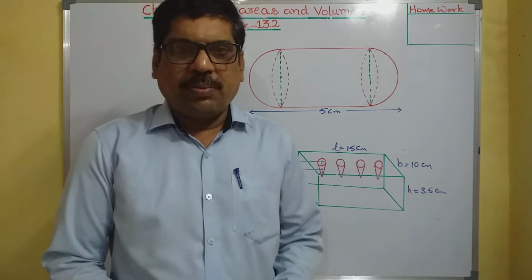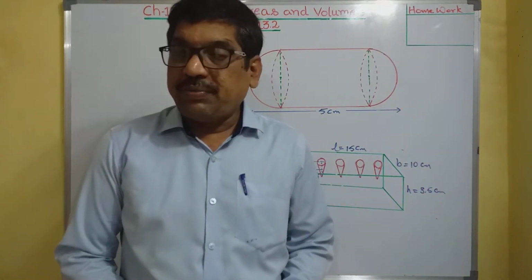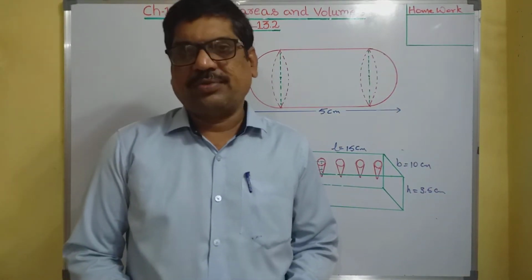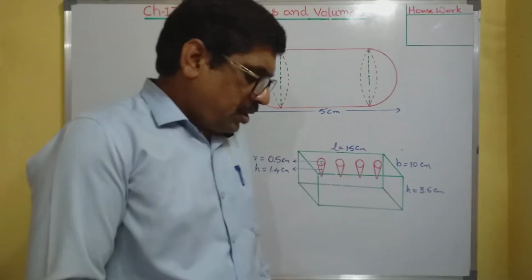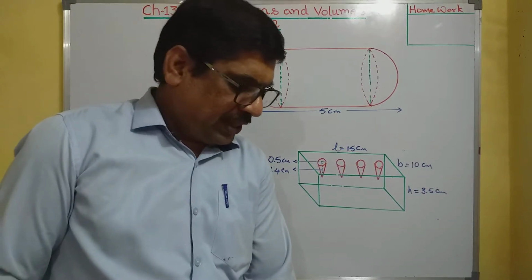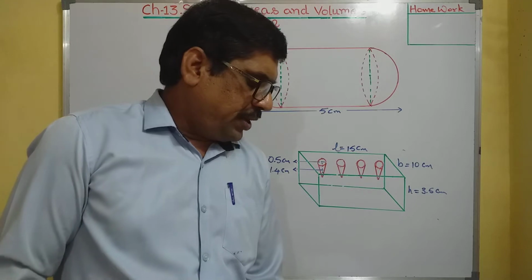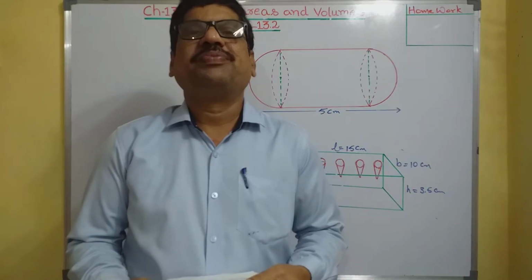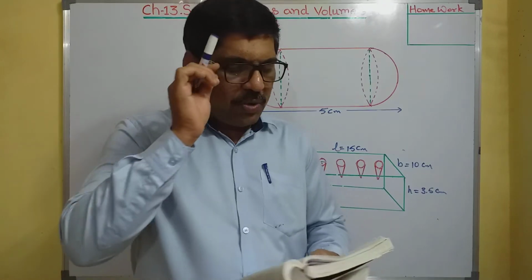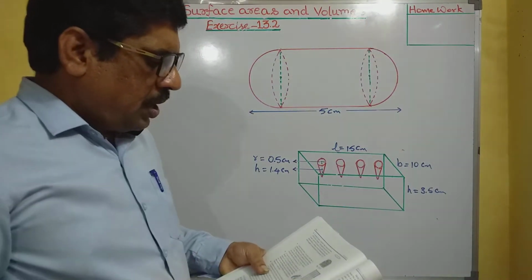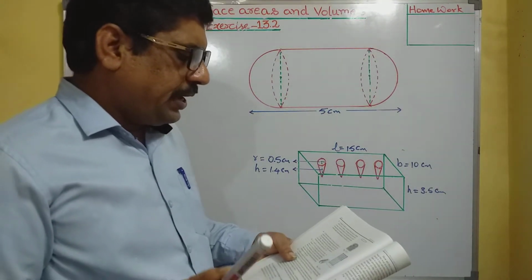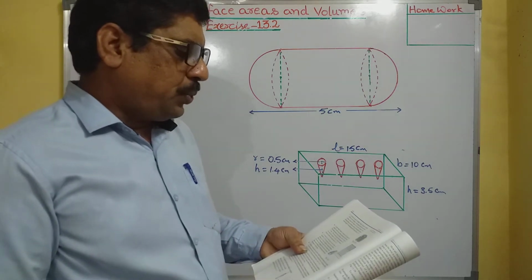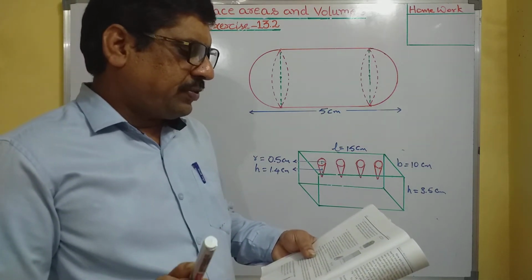Let us continue the problems from the chapter Surface Areas and Volumes. Now we are in exercise 13.2 and we have completed the first two problems, and we need to do the third problem. Let me read the problem. A gulab jamun contains sugar syrup up to about 30% of its volume.